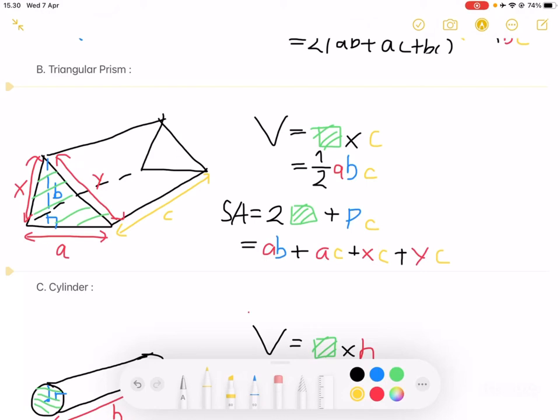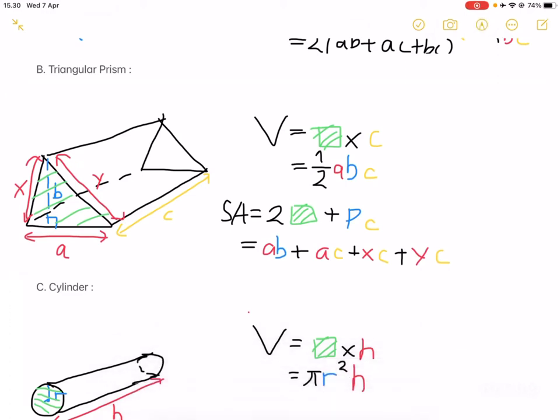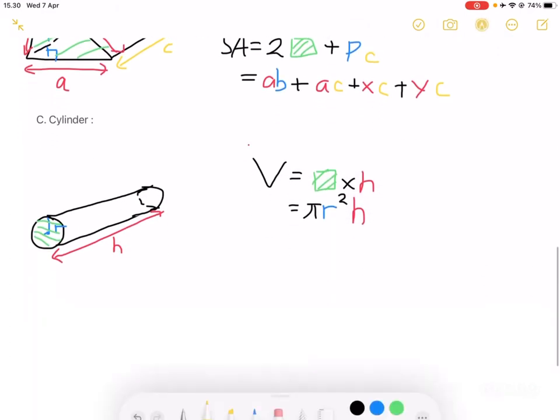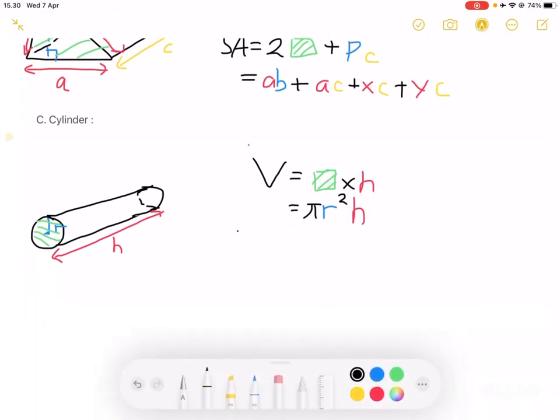So next we have the cylinder. So the surface area will be 2 times the area of the base plus the perimeter of the base times the extension length, in this case h.